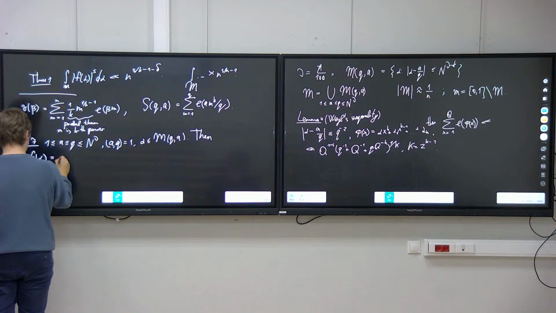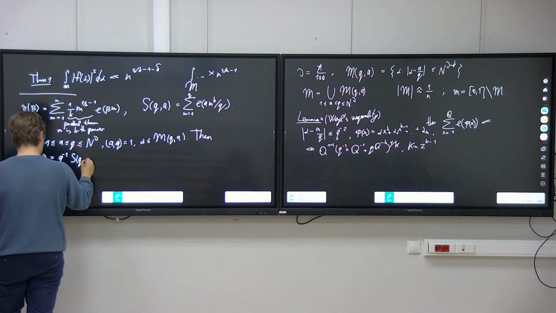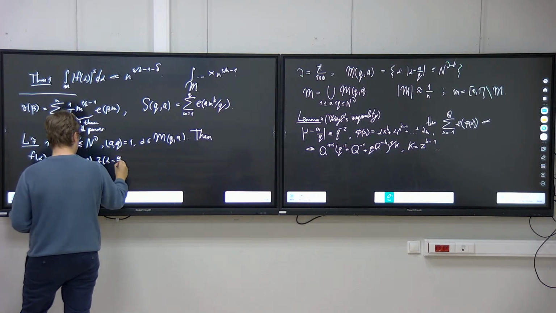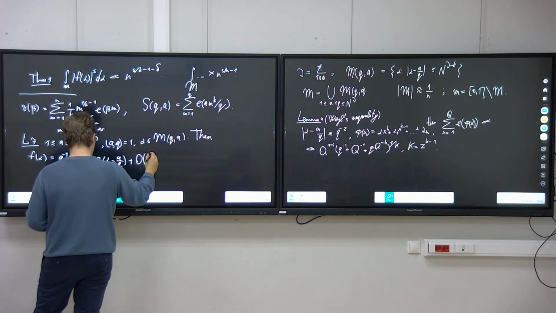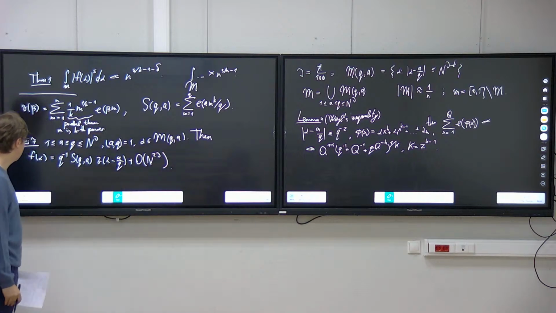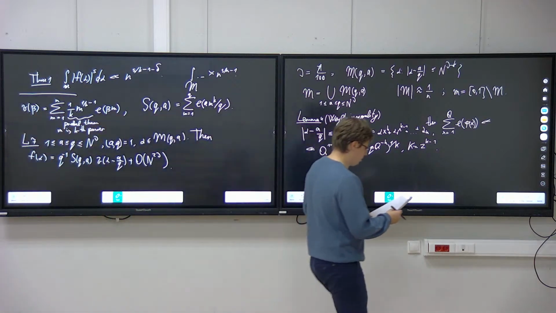F of alpha is q to the power minus 1 times s of q, a times v of alpha minus a over q, plus big O of n to the power 2. So let's follow it.